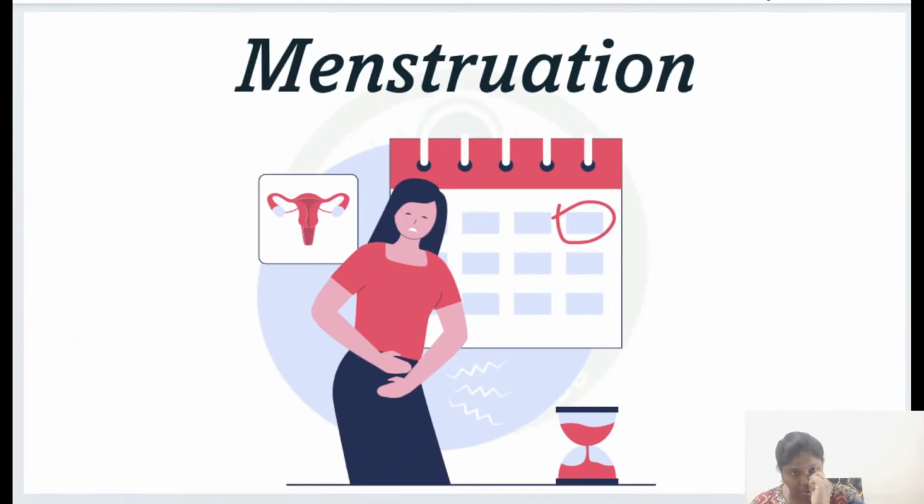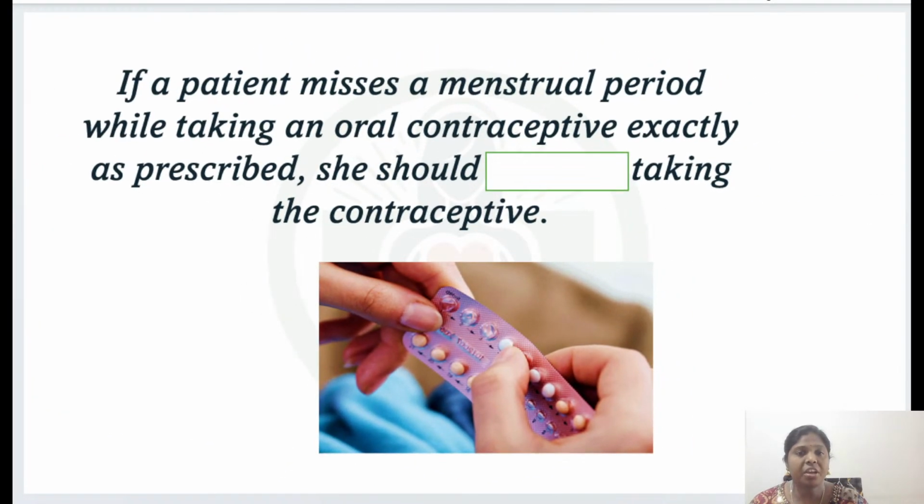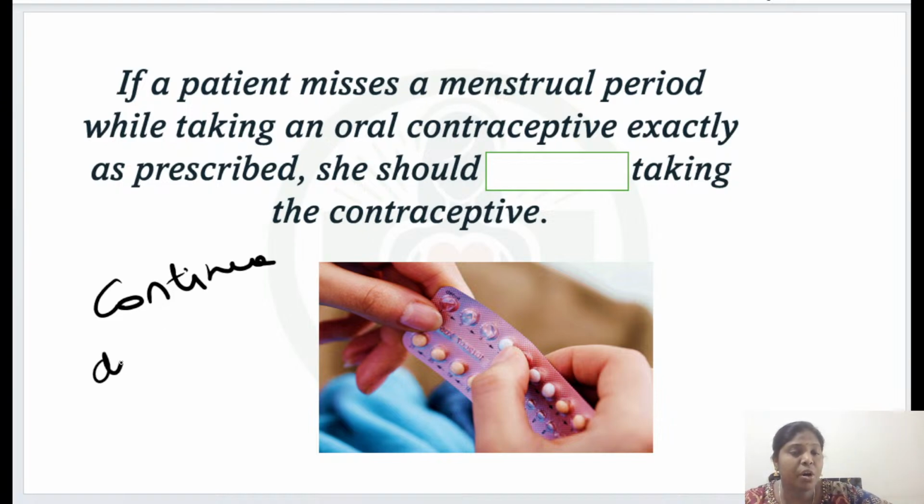And the next question is regarding menstruation. If a patient misses a menstrual period while taking an oral contraceptive exactly as prescribed, she should dash taking the contraceptive. So whether she should continue taking the contraceptive or discontinue taking it.